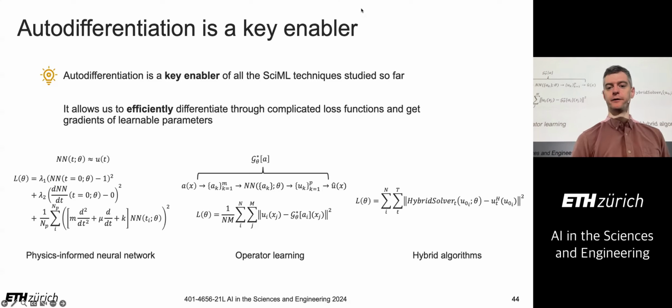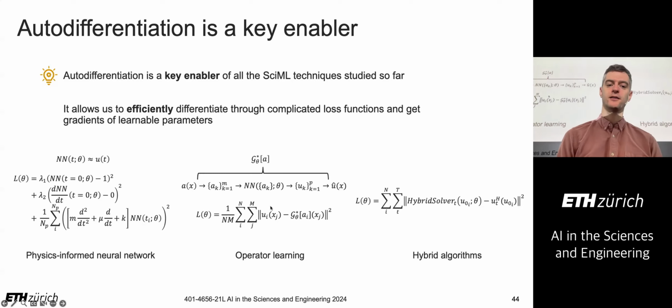Not only does it allow us to train these hybrid algorithms, you've already been using Autodiff to train all of the other models you've been studying. Autodiff allows us to differentiate through really complicated loss functions when training physics-informed neural networks. It lets us get the gradients of our neural networks with respect to their inputs, and then differentiate through those gradients again to get the gradients of the loss function with respect to the weights.